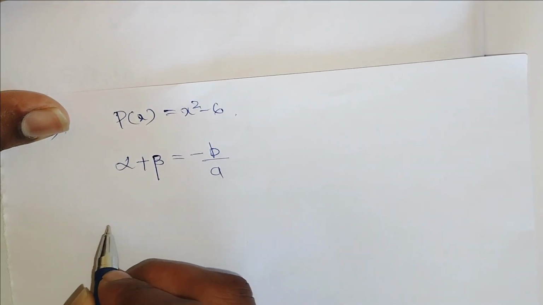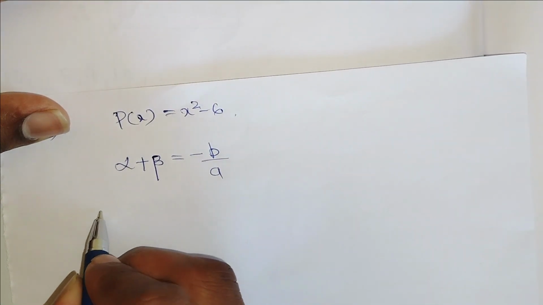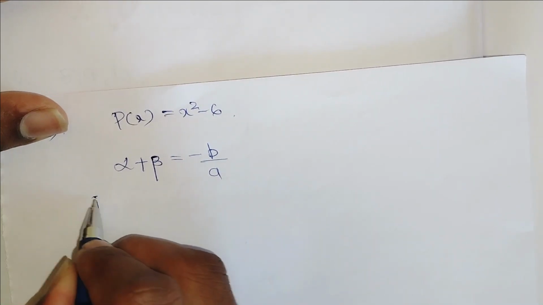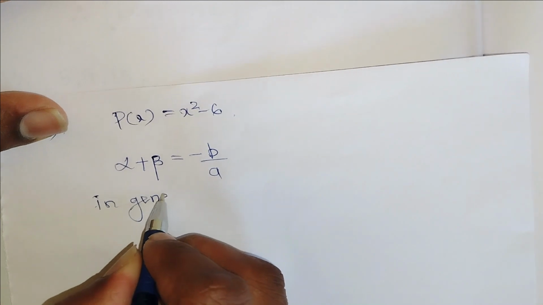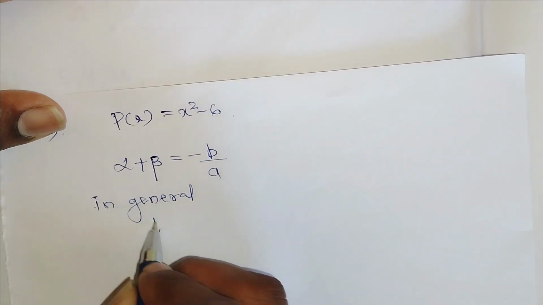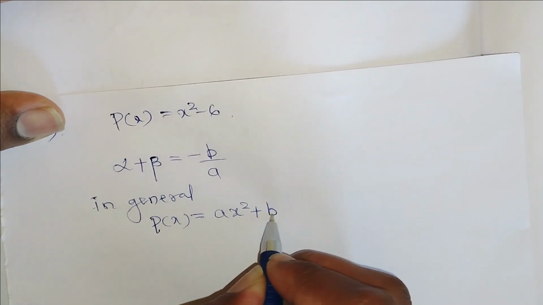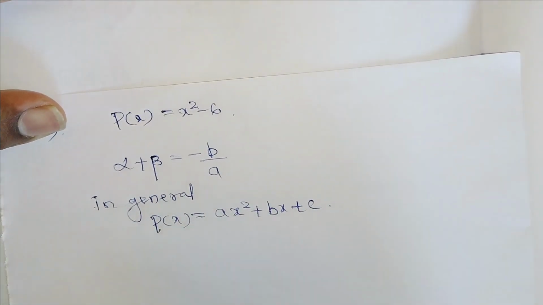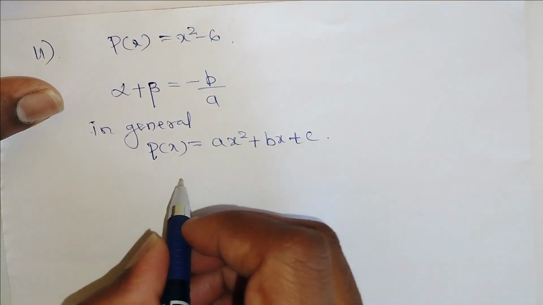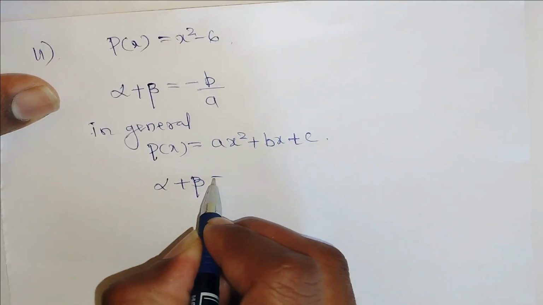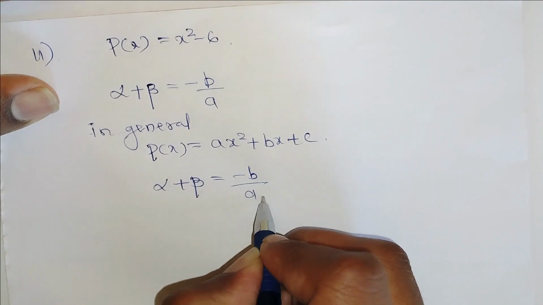Okay. So in general, p of x equals ax square plus bx plus c, and alpha plus beta equals minus b by a.